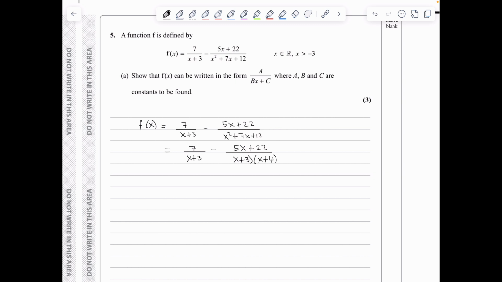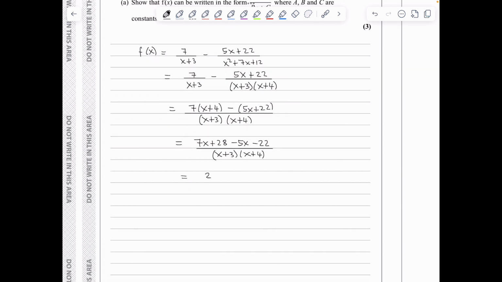So I can see that I can express everything over a common denominator of x plus 3 x plus 4. So let me write this down. And then the 7 needs to be multiplied by x plus 4 minus brackets the 5x plus 22. I will expand the numerator to get 7x plus 28 minus 5x minus 22, and all of it over x plus 3, x plus 4, where the numerator simplifies to 2x plus 6, and this is over x plus 3, x plus 4.